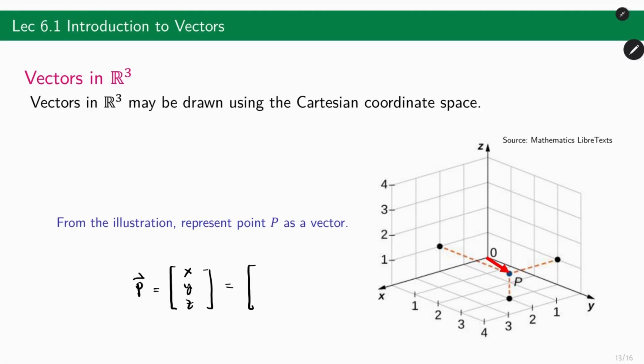Hence, the components of the vector. The x here will be, this is your x-axis, so the direction will be going here. This is your point. 1, 2. The y here will be, from going to this direction, 1, 2, 3. And then the applicate or the z coordinate, we have, from here going upwards, we have 1. This is the representation of point P as a vector.